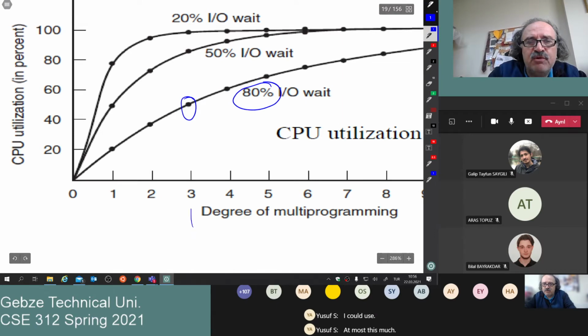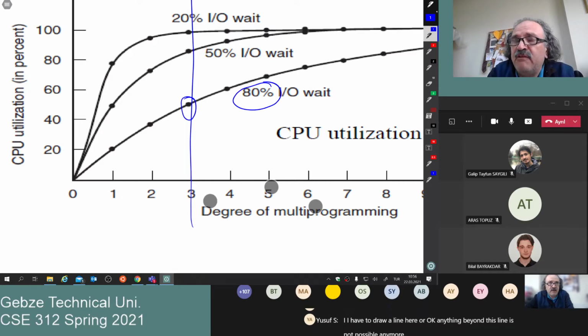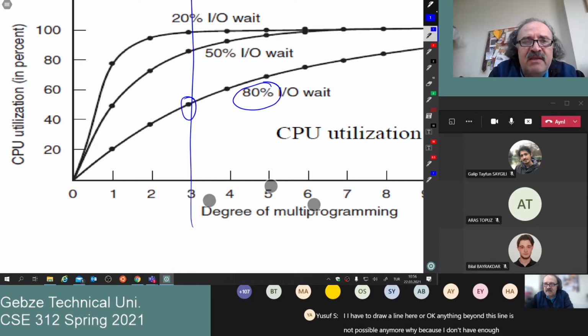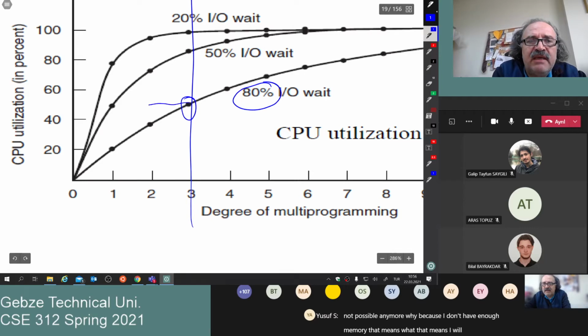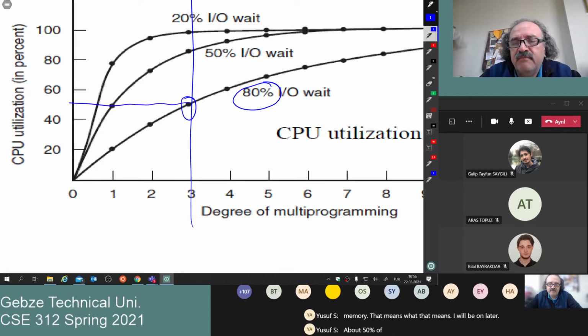I have to draw a line here. Anything beyond this line is not possible anymore. Why? Because I don't have enough memory. That means I will be only about 50% efficient, because my memory doesn't let me load more than 3 processes at the same time.